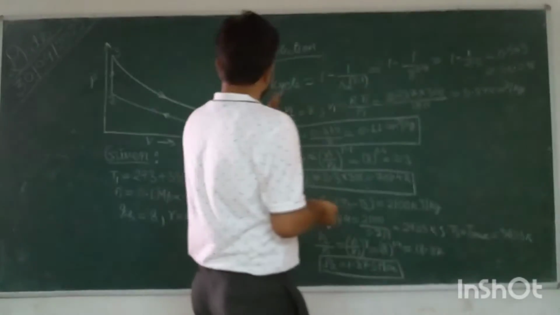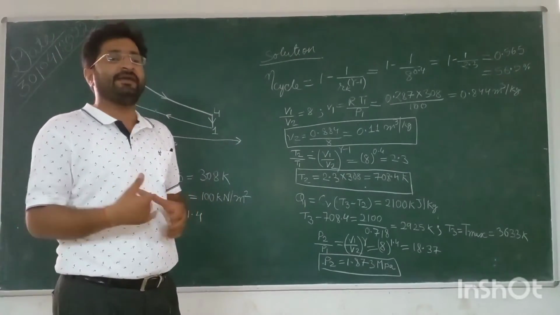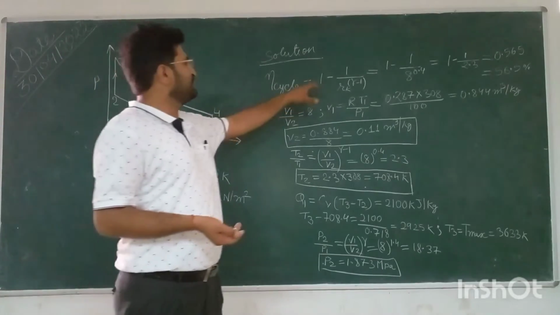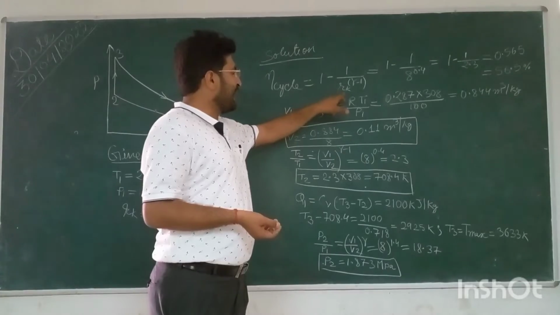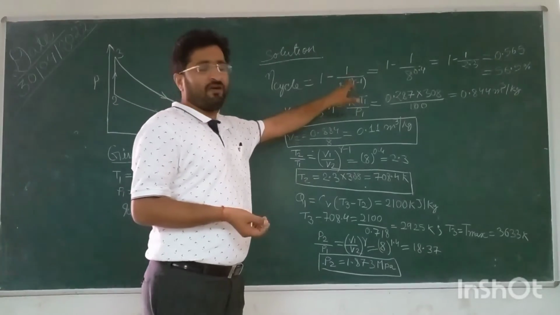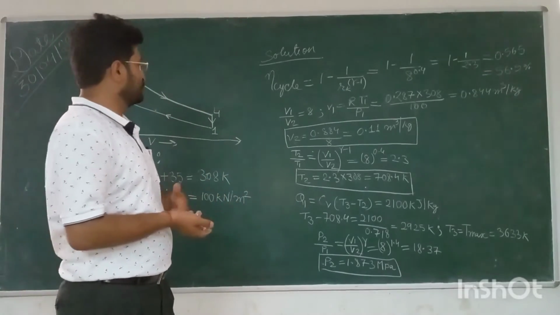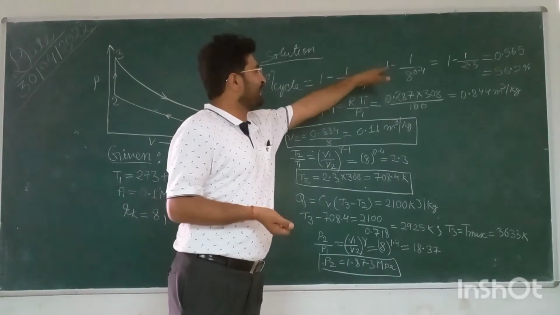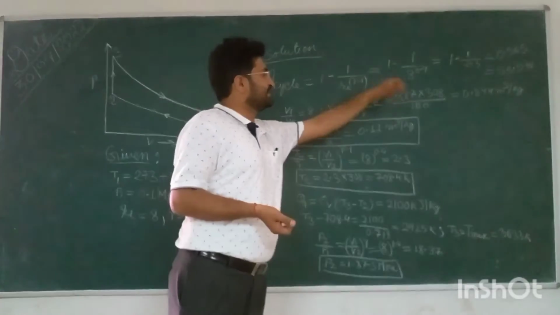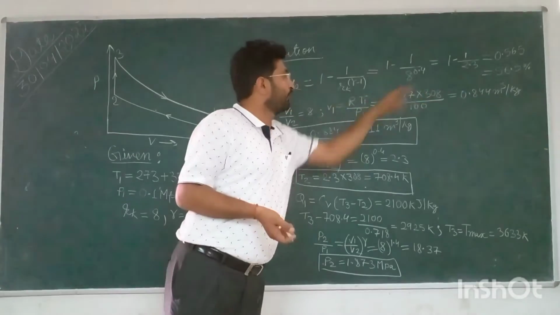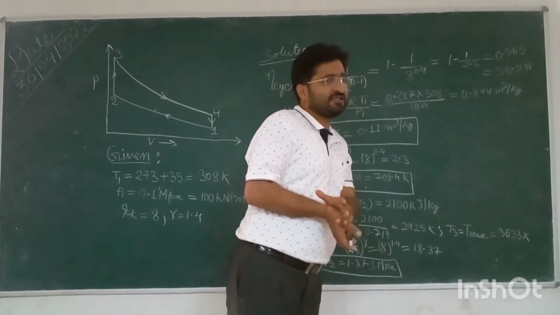The efficiency of an Otto cycle is given by a basic formula, that is equal to 1 minus 1 by rk to the power gamma minus 1. rk is the compression ratio, and this is equal to 1 minus 1 by 8 to the power gamma minus 1, that's 0.4. And when we calculate it, it comes to about 0.565.